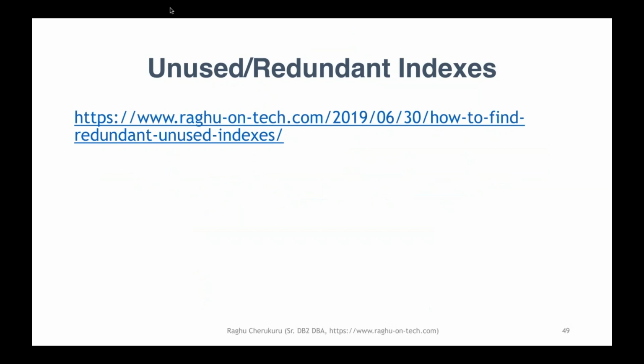Redundant indexes and unused indexes can kill your performance. Recently, I worked on a performance issue where our top CPU consumer was a replication software, and I realized that one of those tables had like 60 indexes. We dropped quite a bit of them, and were able to bring down the CPU consumption by quite a bit.